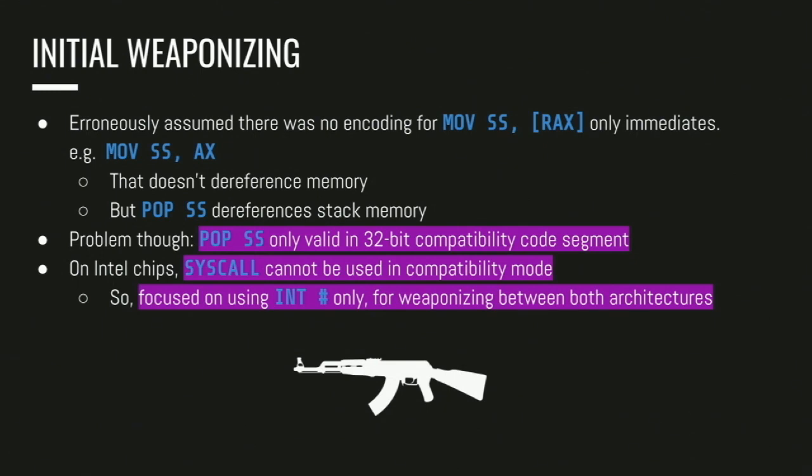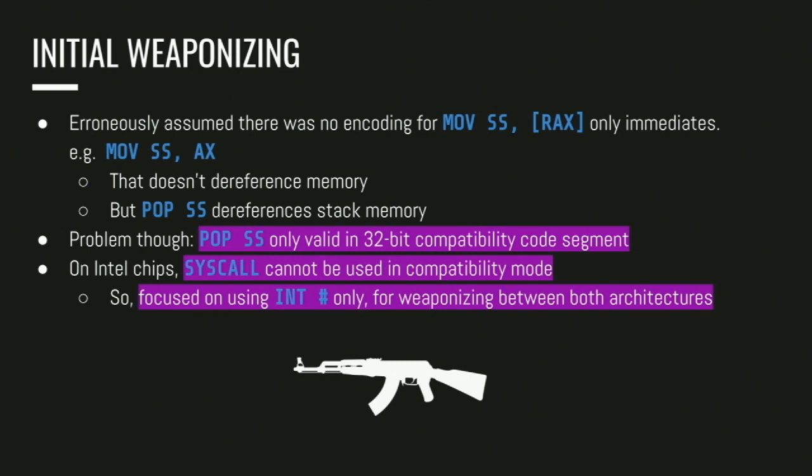But at the time, what's important is I tried to weaponize it through POP SS, because POP SS, if you're familiar with assembly, pops data from the stack. It accesses stack memory. The assumption there is that POP SS is going to access stack memory, so if we arm it with the type of debug register, it's going to dereference stack memory and fire an int1.